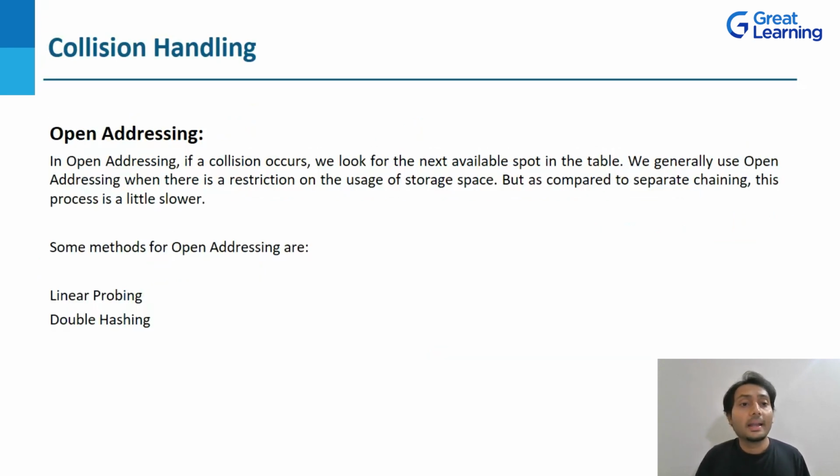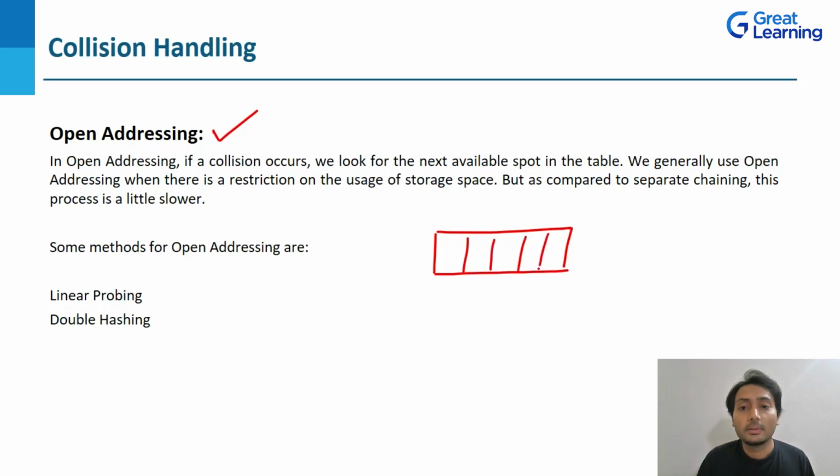There is something called open addressing. Now, what is this open addressing? Let me take an example. You have these locations. Suppose you have some value over here and some value over here.